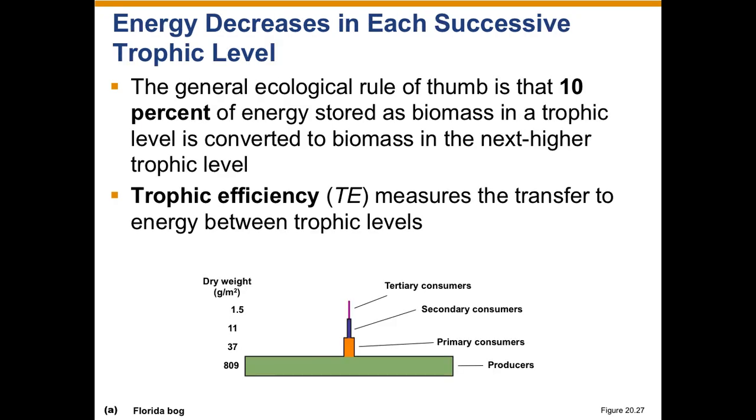The last thing I want to talk about is the relationship between energy and biomass across the food chain. Typically, as in the second law of thermodynamics, and as we talk about entropy, with each trophic step in a food chain, we're losing a large proportion of the energy.